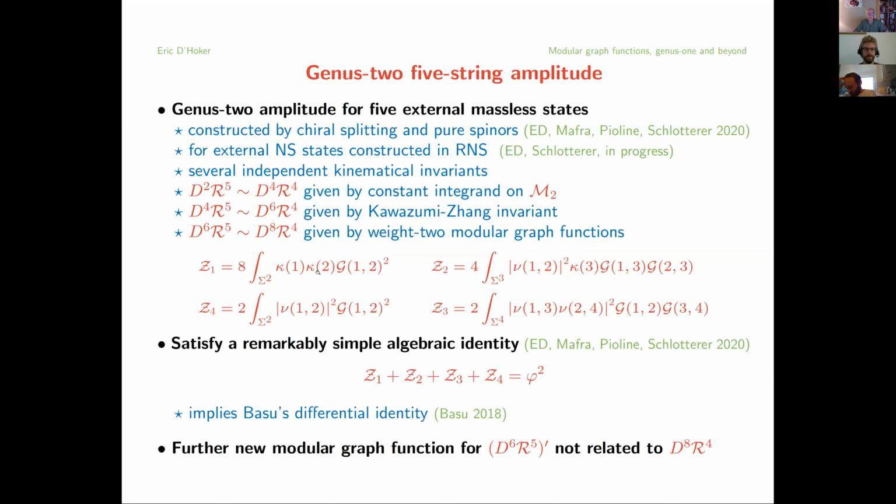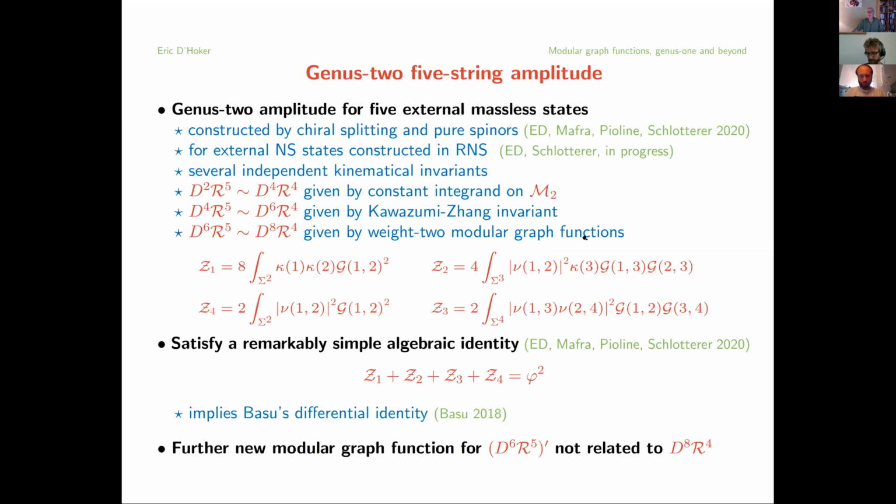Kappa is this measure on a single surface, and nu is this biform. And in fact, we discovered a simple algebraic identity, probably the first algebraic identity discovered at genus 2, which means higher than genus 1. And this identity implies a more complicated differential identity that was found by Basu a few years ago.